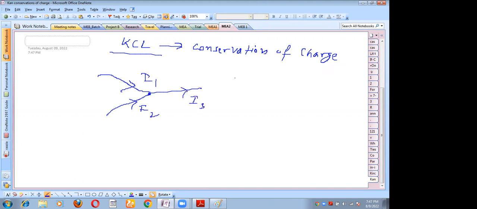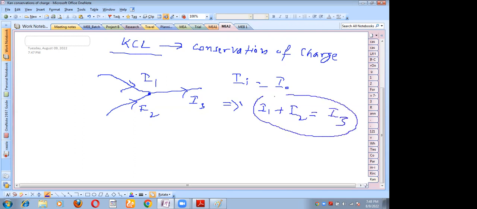So what will happen here? I incoming will be equal to I outgoing. It means I1 plus I2 should be equal to I3. This is the concept. The charge coming will be equal to the charge outgoing, since charge is conserved.